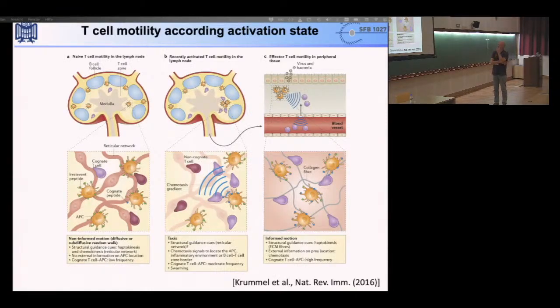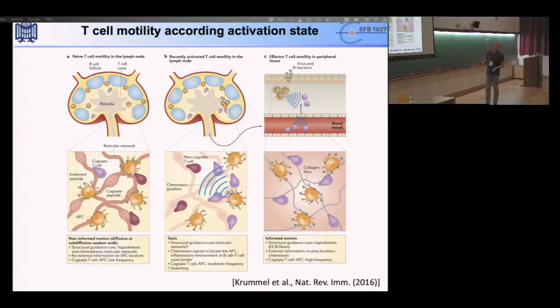But I just mentioned that target search is relevant also before activation, because there the T cell has to find dendritic cells and check their surfaces for this MHC, to get activated or not. So that target search also happens for non-activated T cells in the lymph nodes.